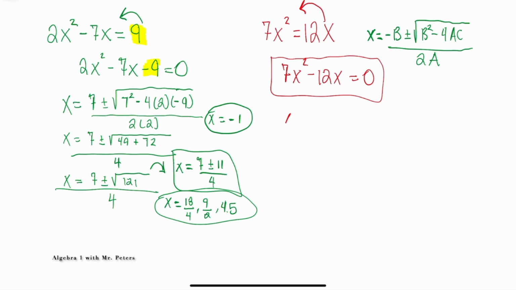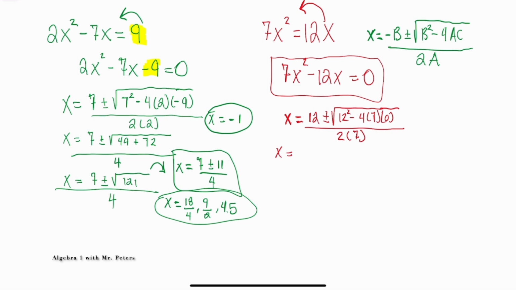So once we plug this into the quadratic formula, x is equal to the opposite of b. We know b is negative 12, so the opposite of that is positive 12, plus or minus 12 squared minus 4 times a, which is 7, times c, there's no constant, we're going to put 0, all over 2 times a, like I said, that a is 7.